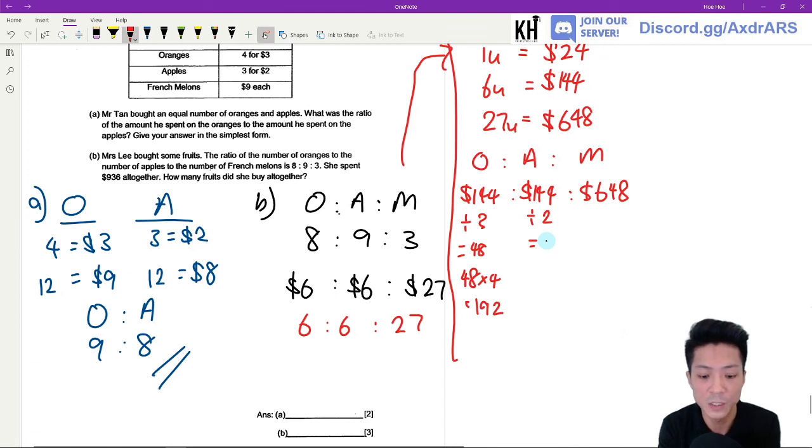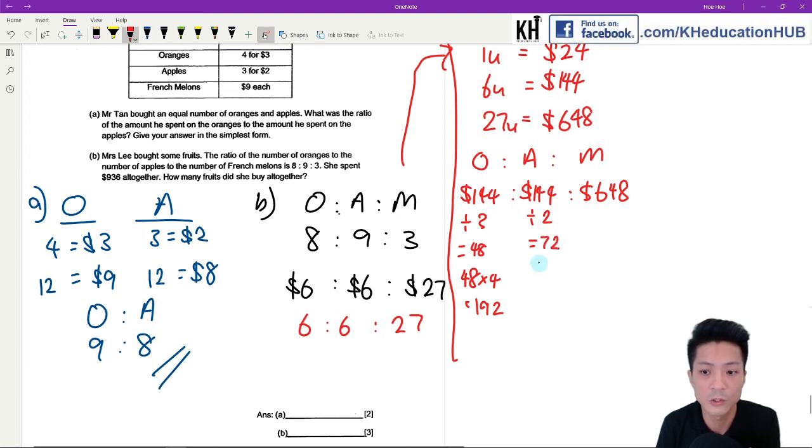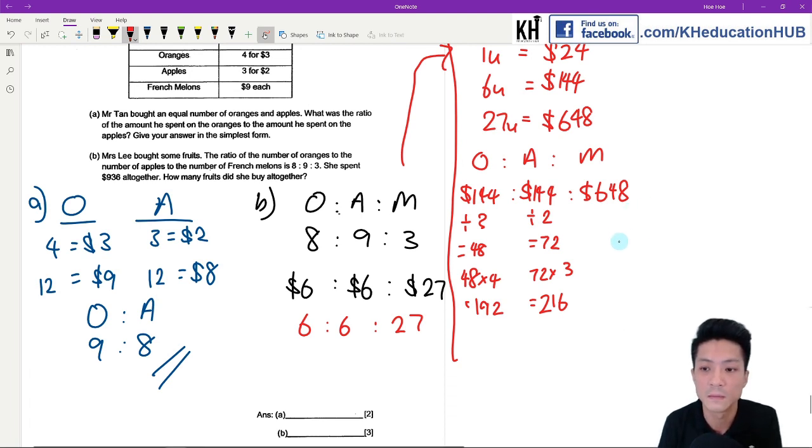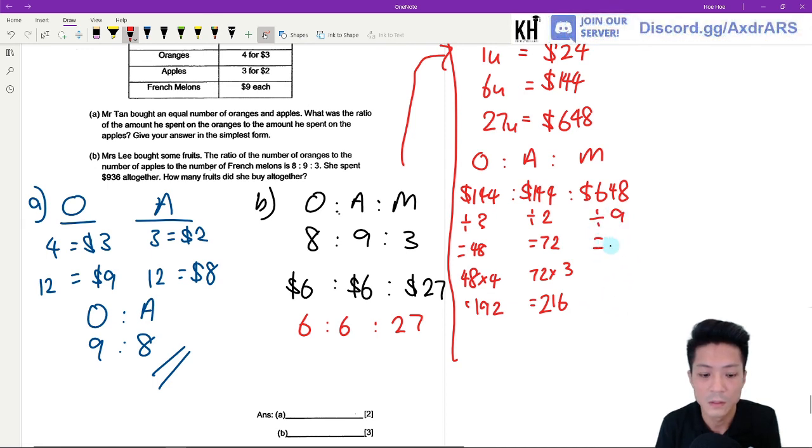It's going to give me 72 groups. Remember, 72 groups of 3, so I need to do 72 times 3, which is $216. As for melons, it will just be a straightforward 648 divided by 9, going to give me 72 immediately.